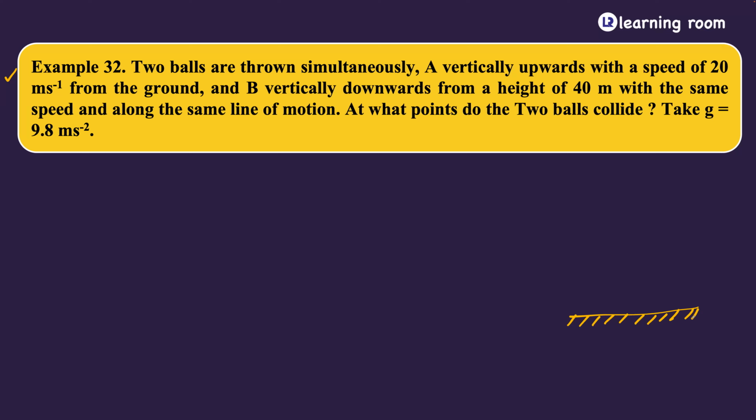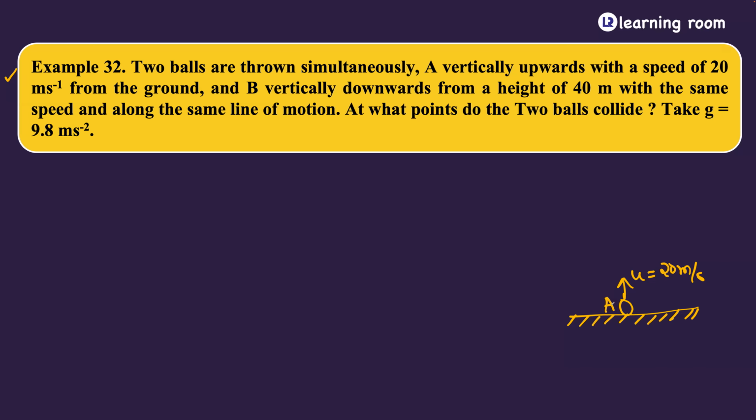But yeah, we'll see. So there is a ball A which is thrown vertically upwards with a speed of 20 meter per second. So remember, A is traveling against gravity. Okay, so it is decelerating.